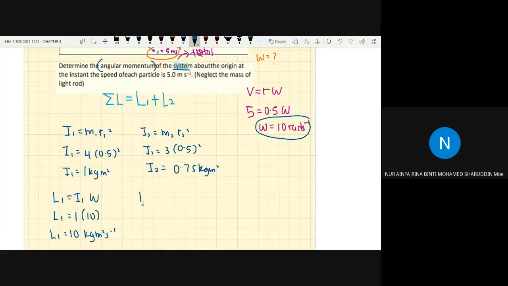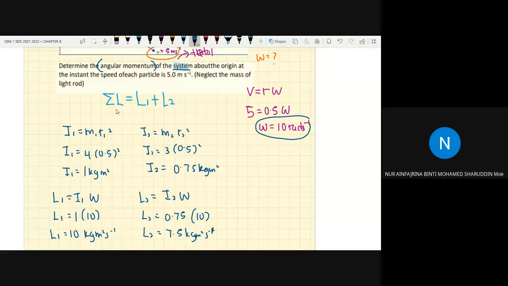Sama juga angular momentum 2 sama juga dengan moment of inertia of particle 2 darab dengan angular velocity. So I2 you dah cari 0.75 darab dengan 10. So L2 you akan dapat 7.5 kg meter square per second.